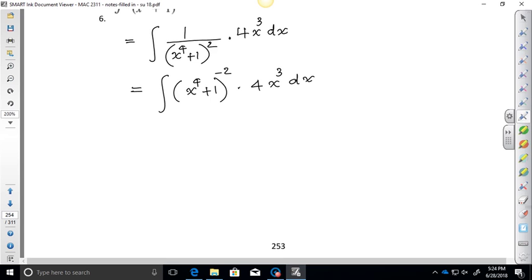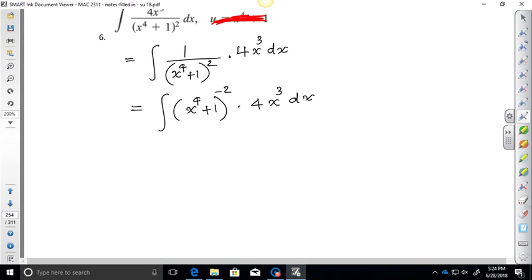Okay, now tell me the inside of the composite function. What is the inside of the composite function? Correct. X to the 4th plus 1. Because outside is to the negative 2. Inside is that, right? Outside is to the negative 2. Inside is, okay, what is du?